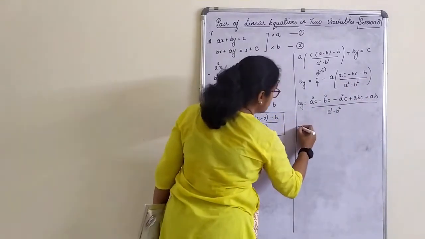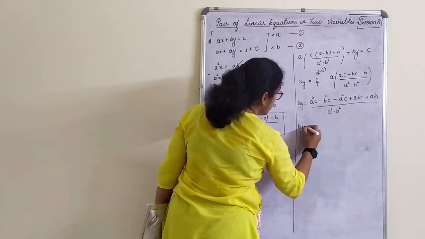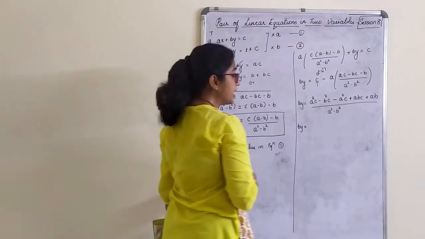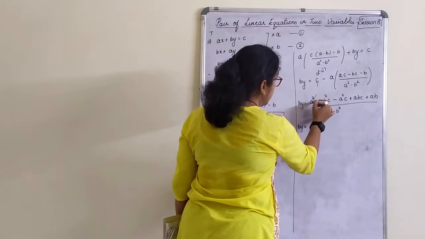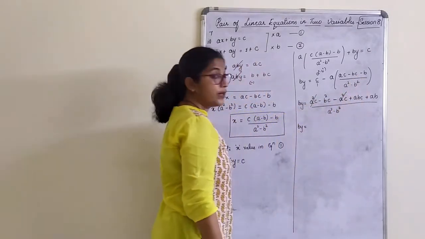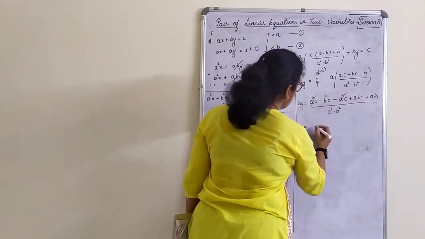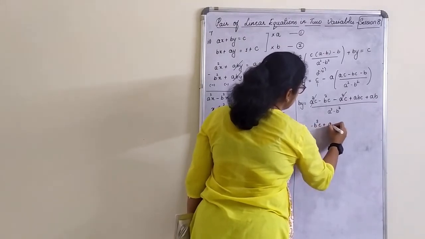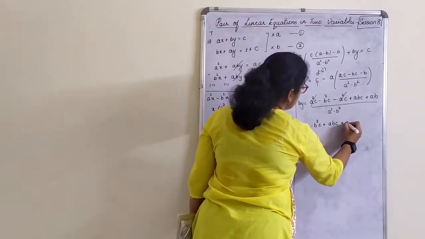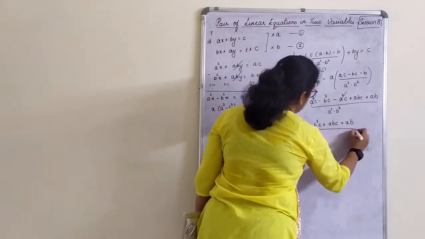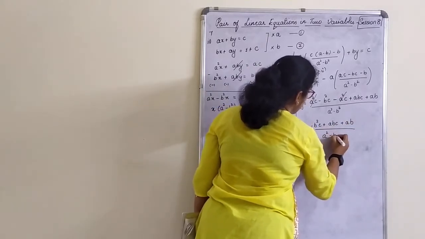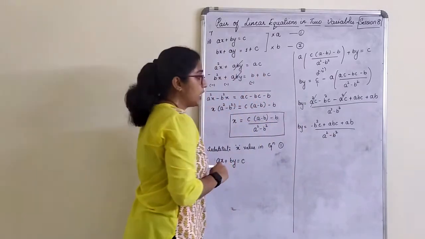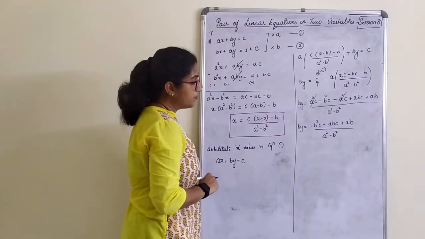Okay. Next step. by is equal to, see what you can cancel. I think plus a square c minus a square c can be cancelled. What remained? Minus b square c plus abc plus ab divided by a square minus b square. Okay, what can we take common here?